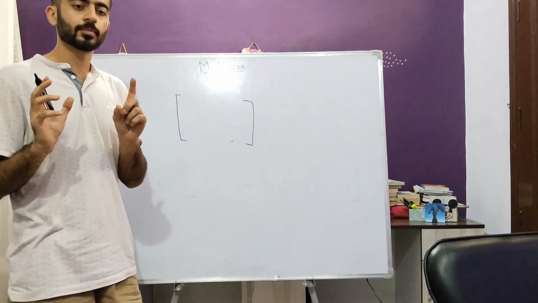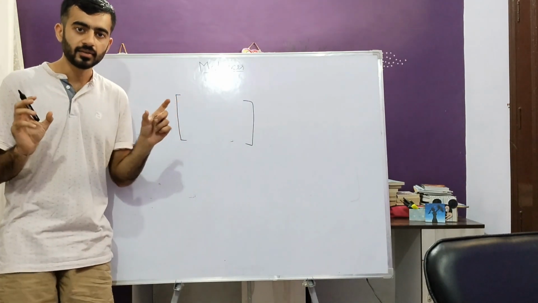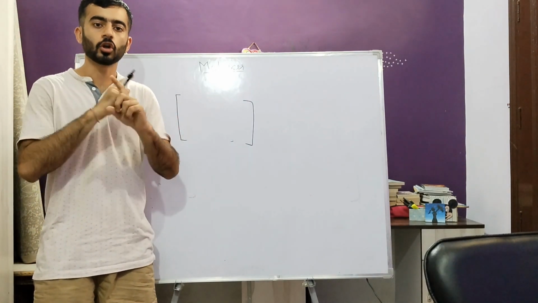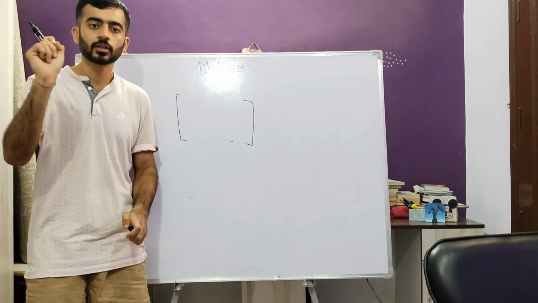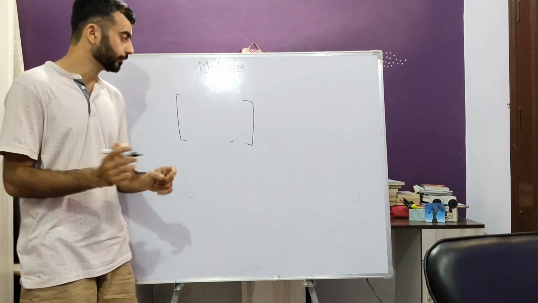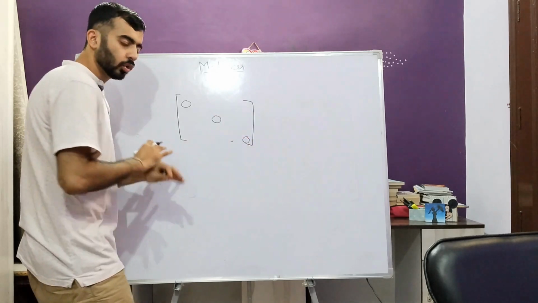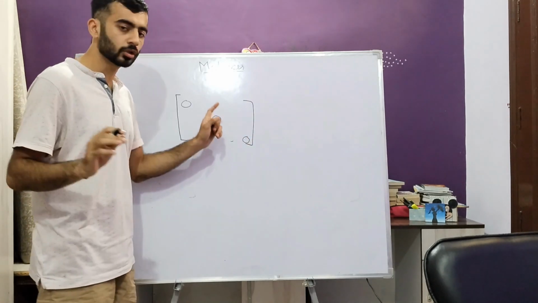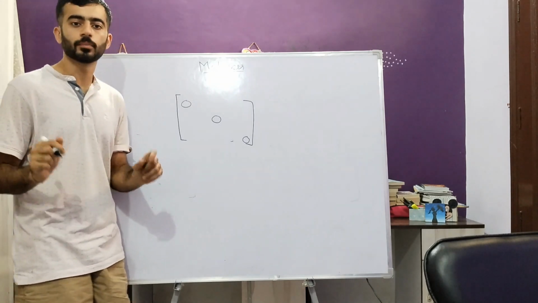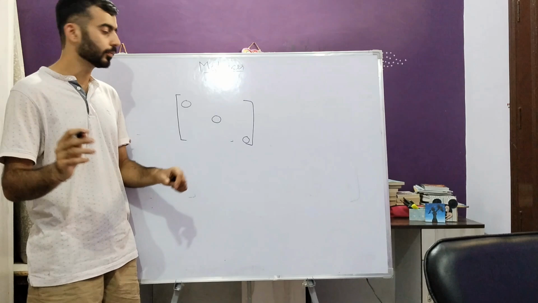The first difference between a symmetric matrix and a skew symmetric matrix is that in a symmetric matrix the diagonal elements should not be zero, but in a skew symmetric matrix the diagonal elements must be zero, no matter what. In a symmetric matrix they should not be zero.